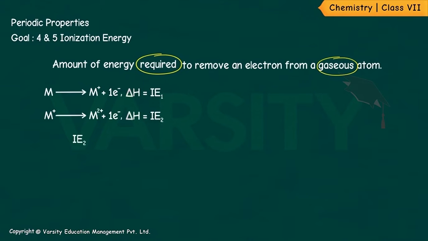So, this is the second ionization energy. Here, the point to be noted is that the first ionization energy will be lesser than the second ionization energy, and the second ionization energy is always greater than the first ionization energy.